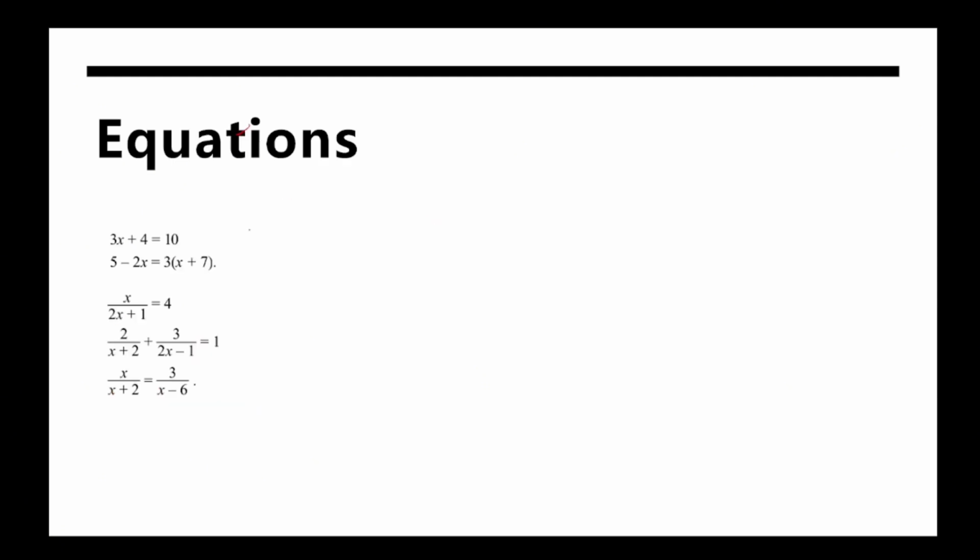Equations. Algebra is often used in solving equations because a variable can represent the unknown term, and while keeping it unknown, we can do manipulations on it. In the first example we can obviously see that x is 2, because 3x equals 10 minus 4 equals 6, 3x equals 6, x equals 2.